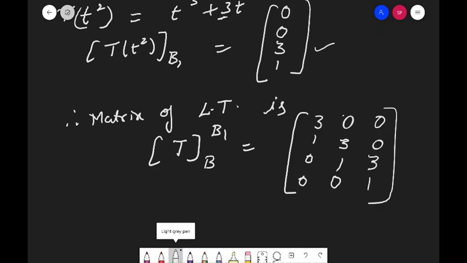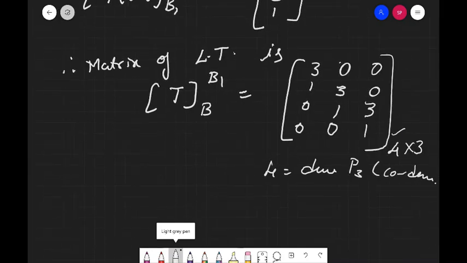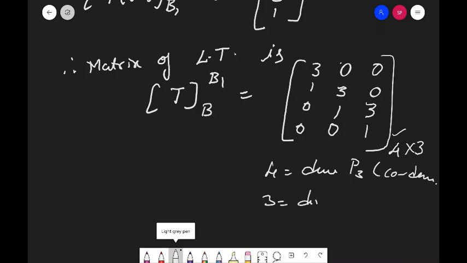This is the matrix, and you can observe its order is 4 by 3, where this 4 is the dimension of P3, the codomain. You should remember this. And 3 is the dimension of P2, that is the domain.